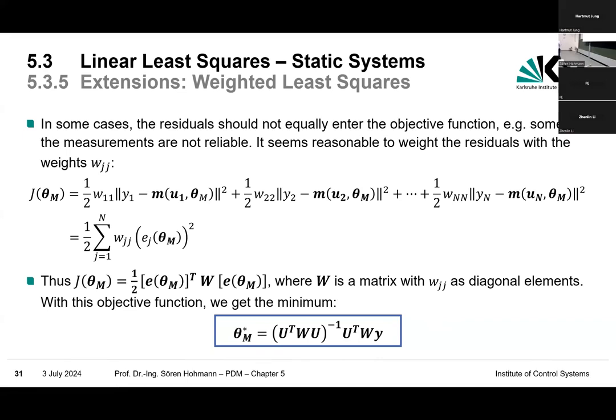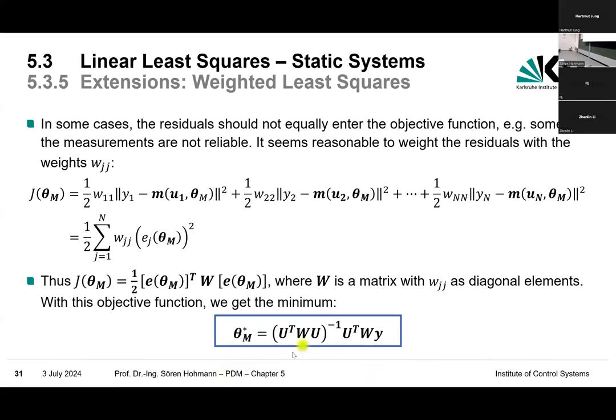So if you have capital N measurements, you have N rows, and then the weighting matrix W multiplied with Y, which is the measured output. That gives you the optimal value of the parameters. That was our discussion last time.